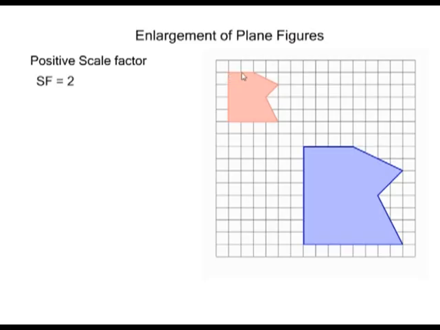So 1, 2 boxes, and 1, 2, 3, 4, and this should become 8. So it doesn't really matter which side you count. It should always get the same scale factor if it's indeed an enlargement.